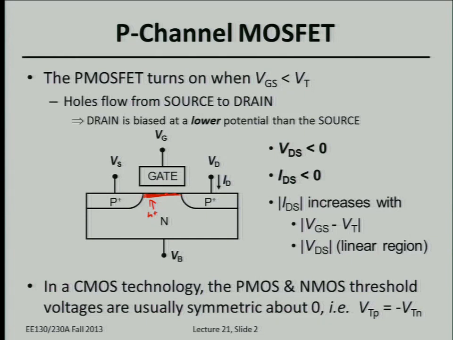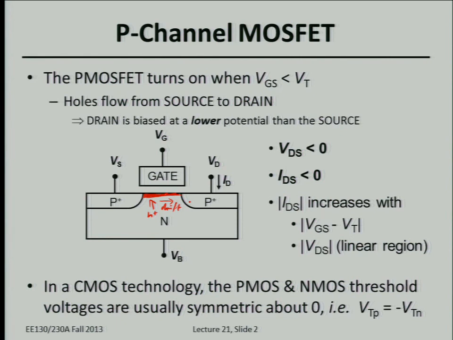That will cause the surface to become inverted, to be P-type. So holes can easily flow from these heavily doped P-type source and drain regions into the channel region. Holes can drift from the source to the drain if there is a voltage difference between the drain and the source.